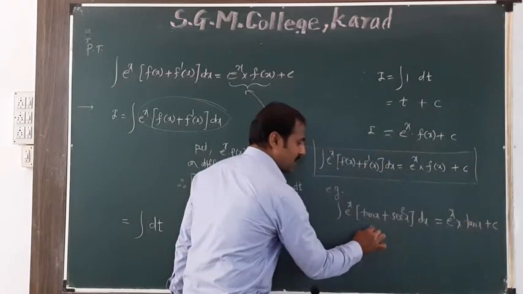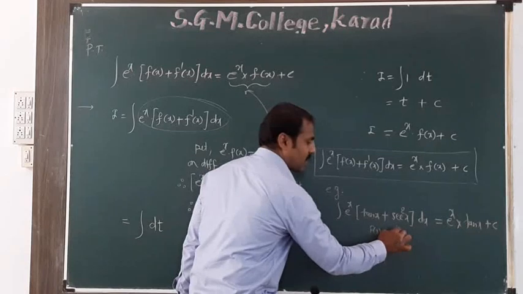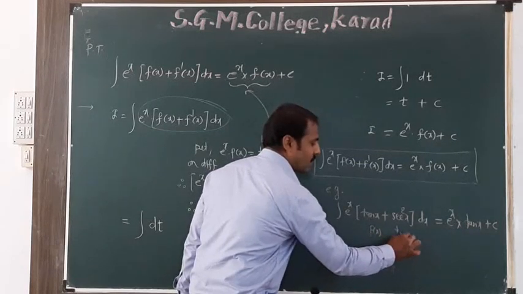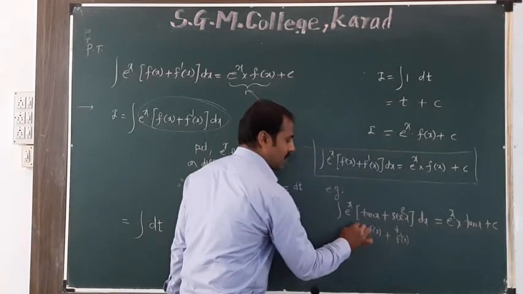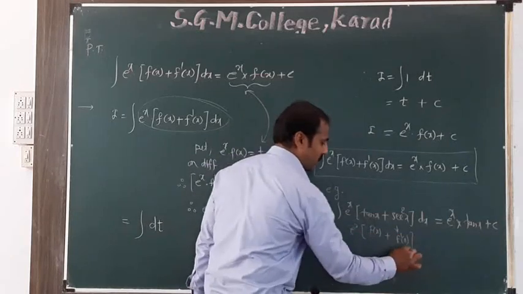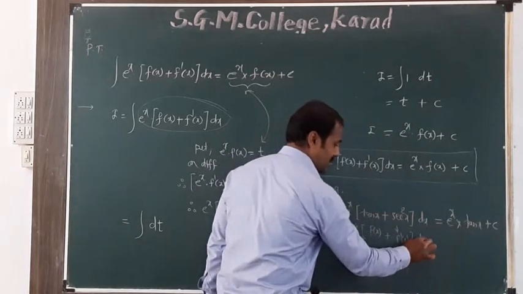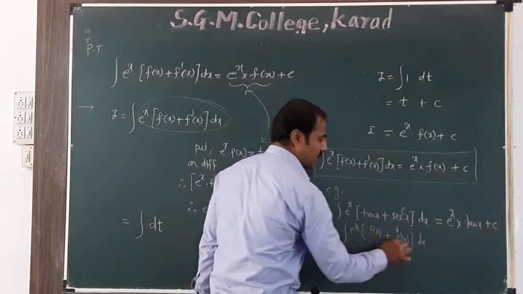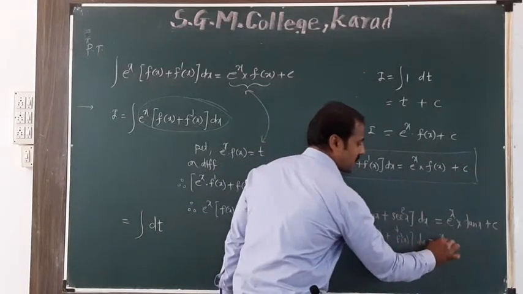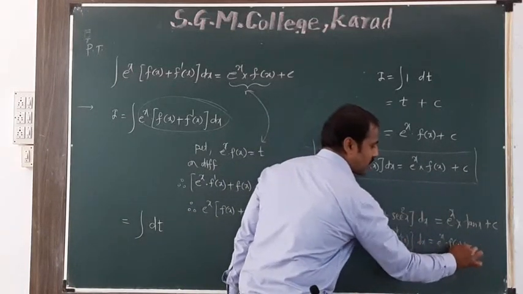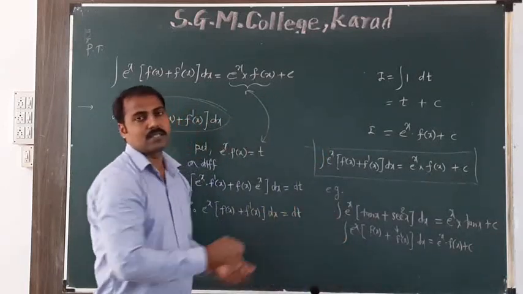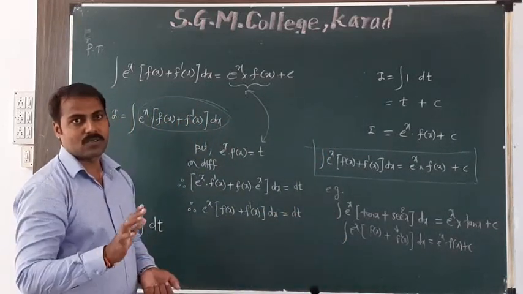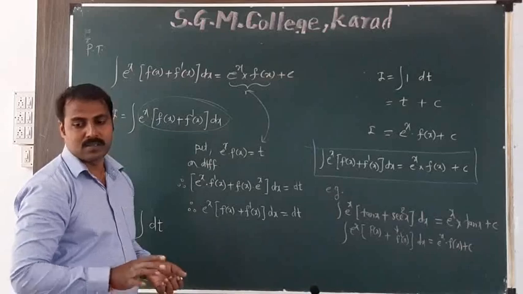Here is the function f of x and its derivative f dash of x, and we know the formula for e raised to x into f of x plus f dash of x dx is equal to e raised to x into f of x plus the constant of integration c. So it is very simple.